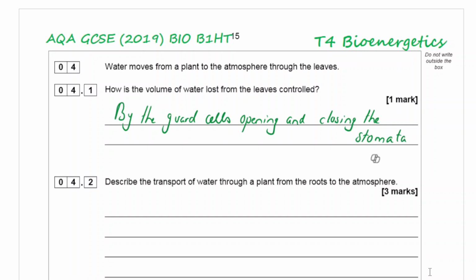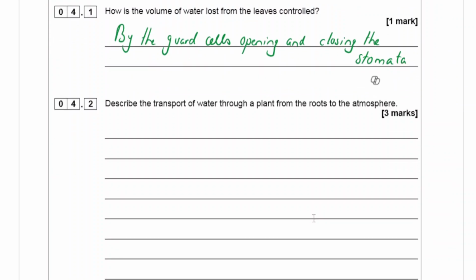Describe the transport of water through a plant from the roots to the atmosphere. So, from the roots to the atmosphere. Well, water is absorbed in the roots through the root hair cells by osmosis. Once it enters the root hair cells, it moves into the xylem vessels.